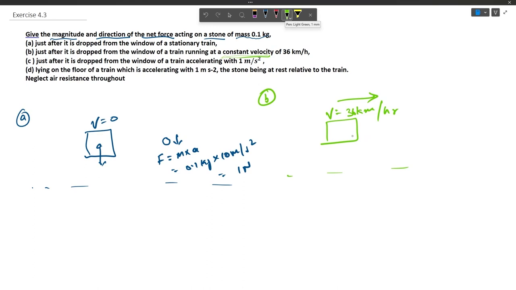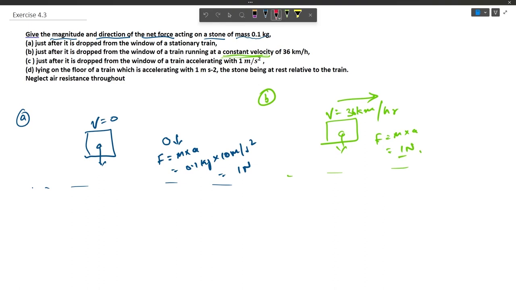So the constant velocity represents no acceleration in this direction, and the only acceleration acting is that of gravity, because it is under free fall. So just like before, force equals mass times acceleration, in the downward direction, that is acceleration due to gravity, and that would be equal to 1 Newton.